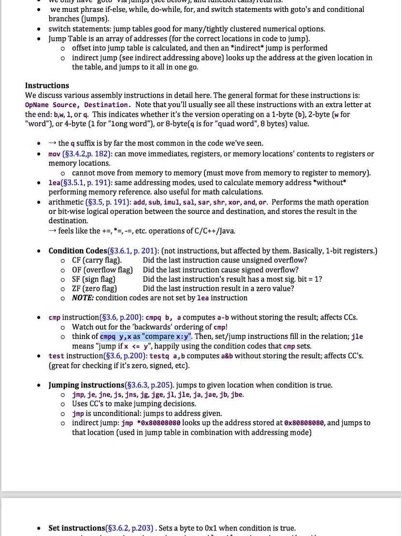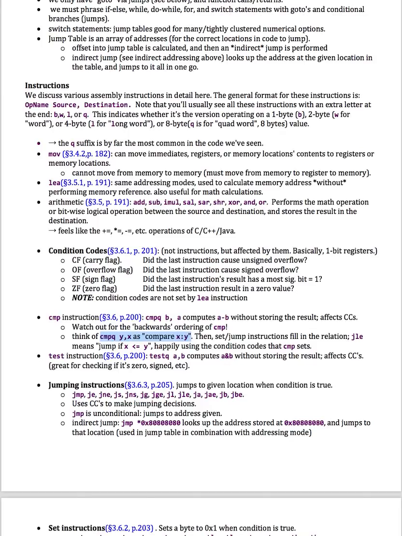If you want to check if the value in the register was 0, you do testq and repeat the register twice, and then you jump with JE, as we've seen extensively in our assembly code, including our binary bombs.